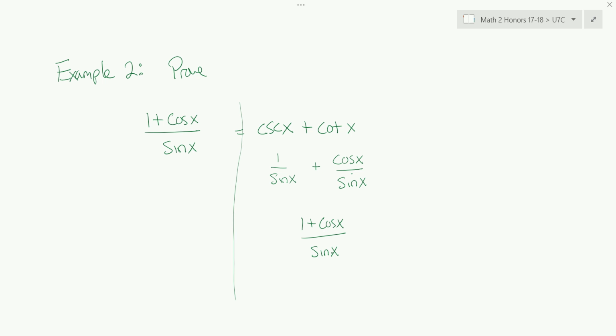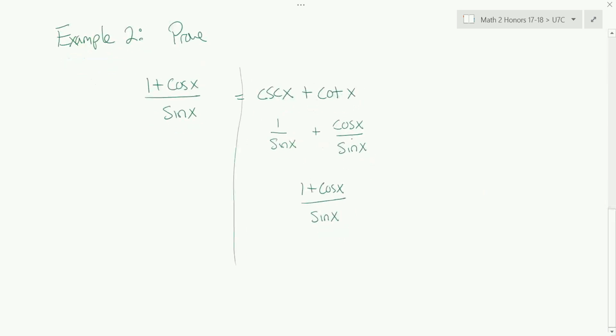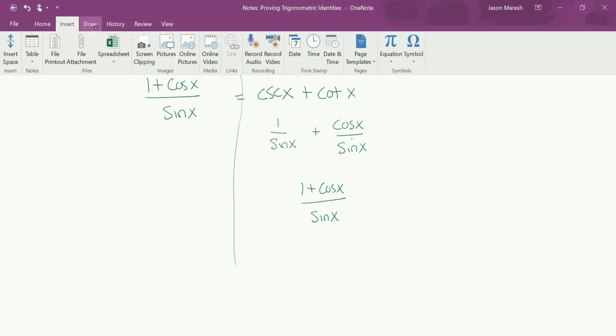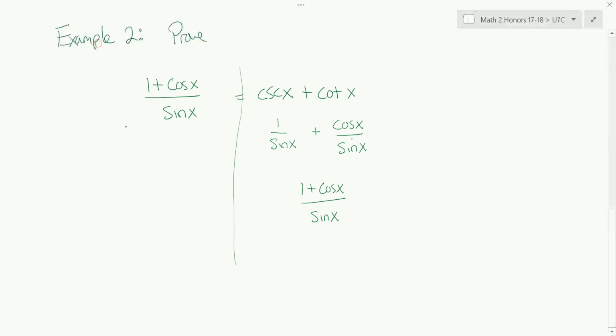Anybody want to see how it would work if you did the left side first? If you start on the left side, you would notice, okay, I have one fraction on the left side, but I got two pieces on the right side, so you need to split that up.